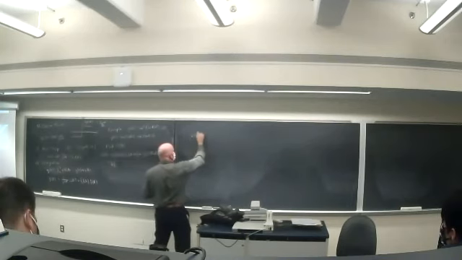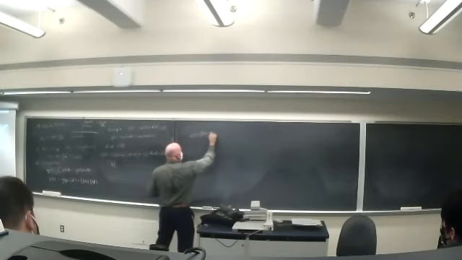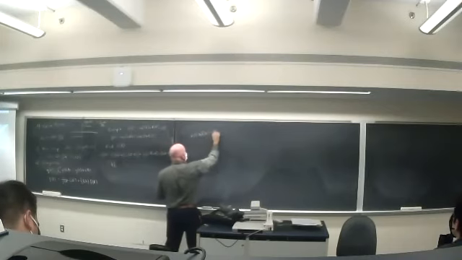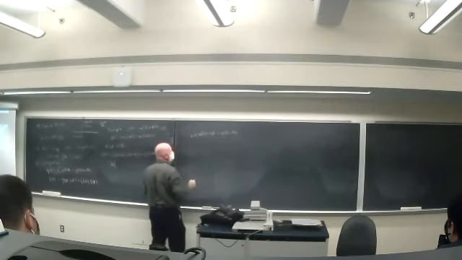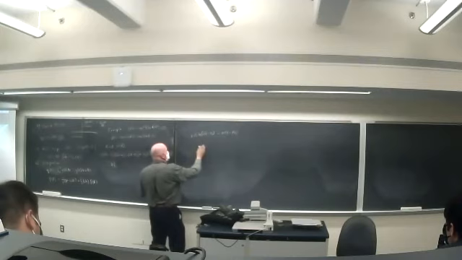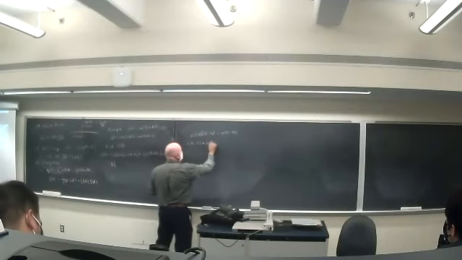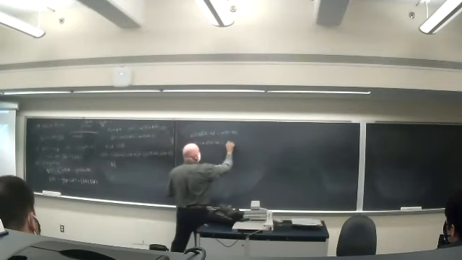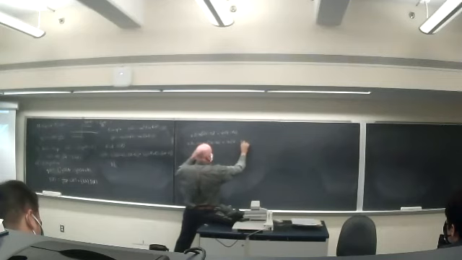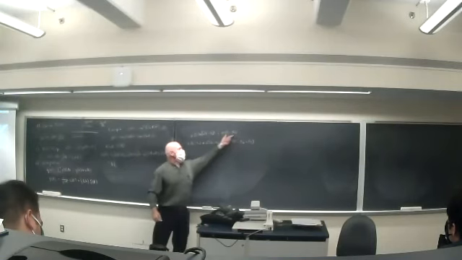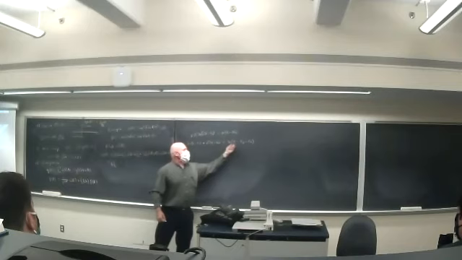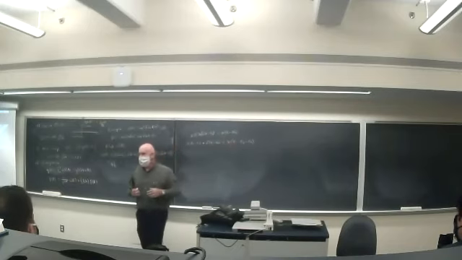When we have x of t convolved with delta of t minus t0, the same is x of t minus t0.